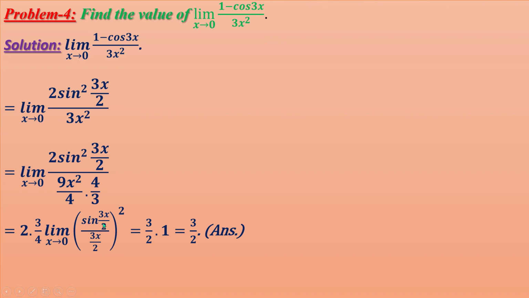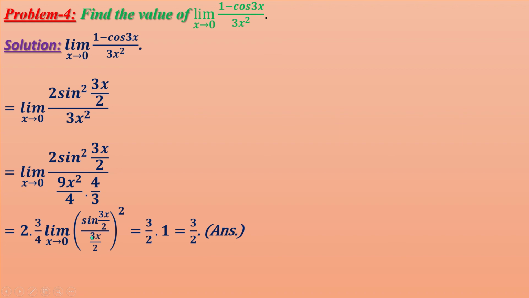And the other part we can write as sine of 3x by 2 over 3x by 2, whole square. Whole square means limit x tends to 0 of sine of 3x by 2 divided by 3x by 2, into limit x tends to 0 of sine of 3x by 2 divided by 3x by 2.